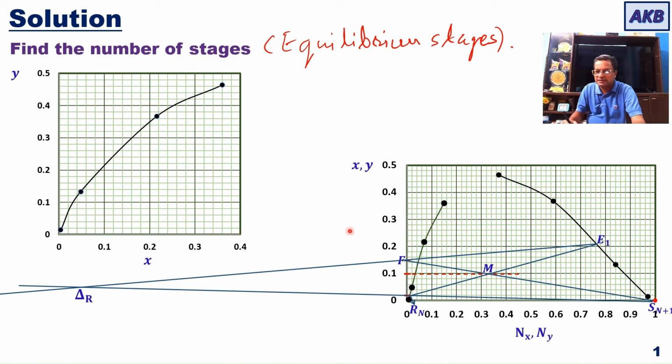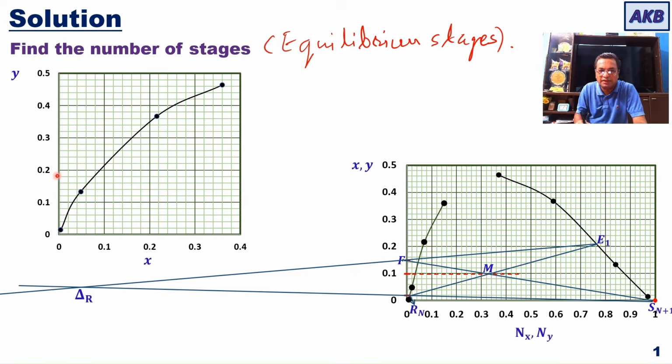So first thing is, I will look at the point E1 and read its y coordinate. So it is around 0.21205, and then with this value of y, I will go to the distribution diagram.